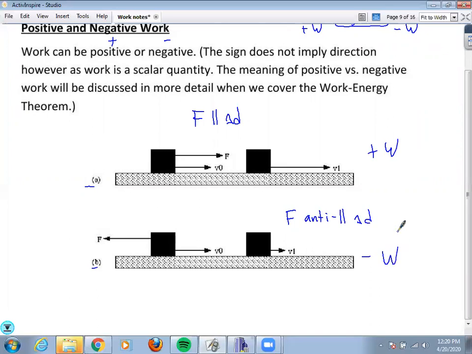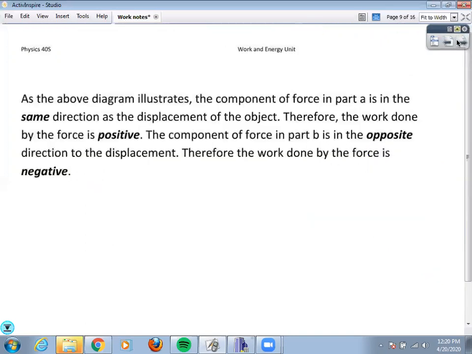Because of course, the angle between delta D and the force would be 0, and cos 0 is +1. In the second example, you'll notice the force is opposite, so it would make a 180-degree angle. So that would be cos 180, which is -1. That's why 1 is positive and 1 is negative. So the component of the force in part A is in the same direction, therefore the work done is positive. Likewise, the component of the force in B is opposite, and the work done by that force is negative.